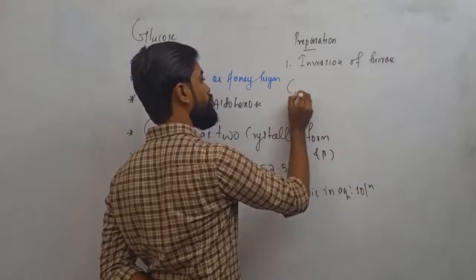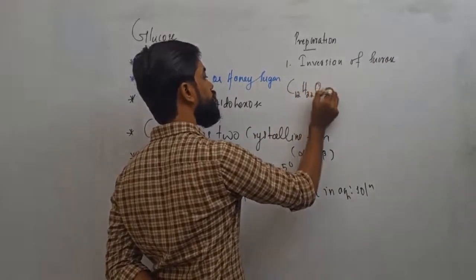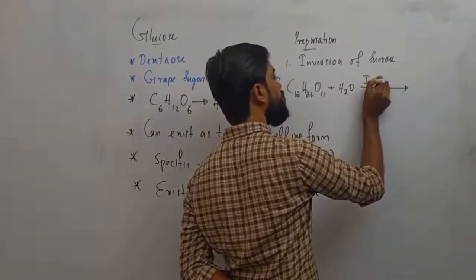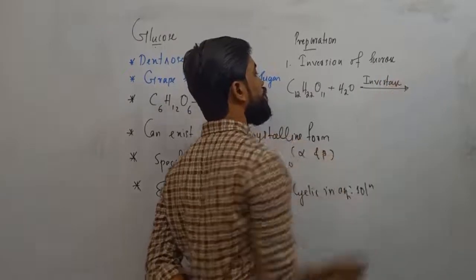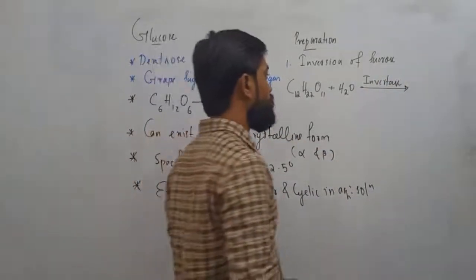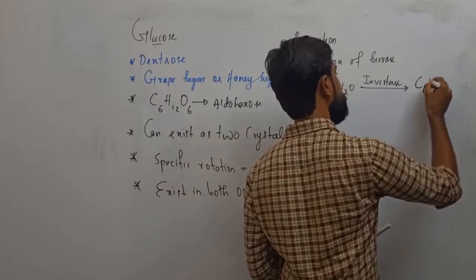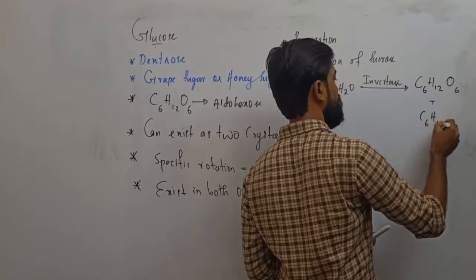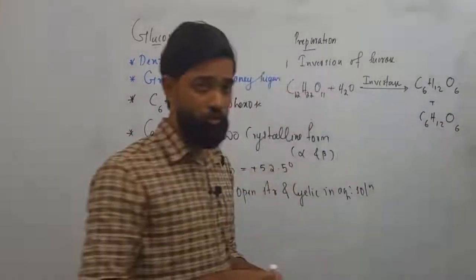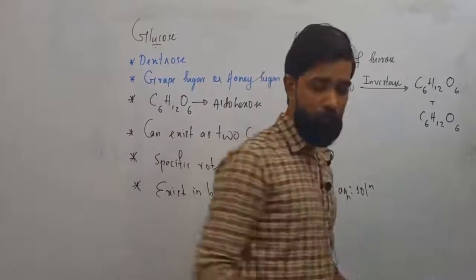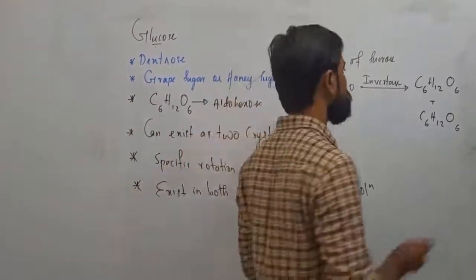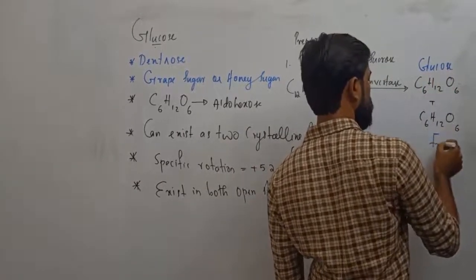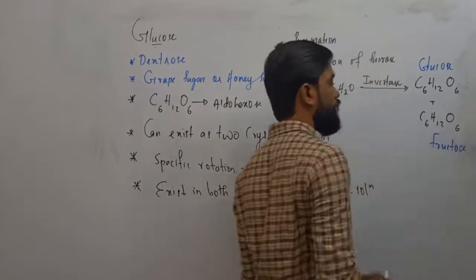Sucrose, with the formula C12H22O11, is hydrolyzed in the presence of the enzyme invertase to form isomers, C6H12O6 plus C6H12O6, which are glucose and fructose, an equimolar mixture.